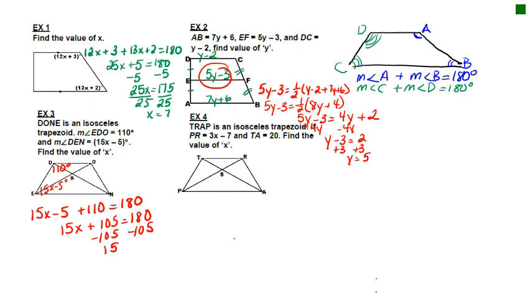I'm not gonna lie to you. I think it's 75, but I'm gonna double check. Oh my goodness. Let's see. 180. Oh yeah, it's 75. All right. So 15x equals 75 divided by 15, and x is 5.